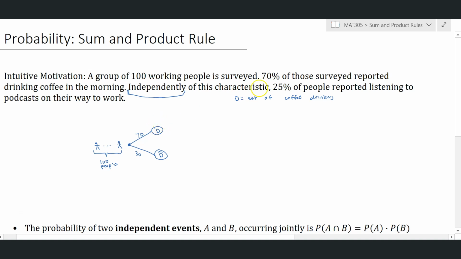Now, of the coffee drinkers, it doesn't matter whether or not a person is a coffee drinker. We're assuming that 25% of people report listening to podcasts. So I don't want to use P for this because that usually stands for probability. So I'll just use C, set of podcast listeners.